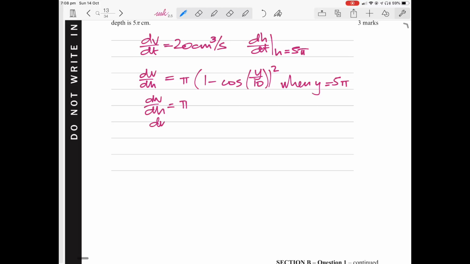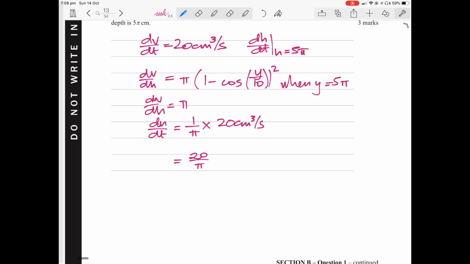So we know dH dt is equal to 1 on pi, that's dH dV, times 20 centimeters cubed per second, which is 20 on pi.